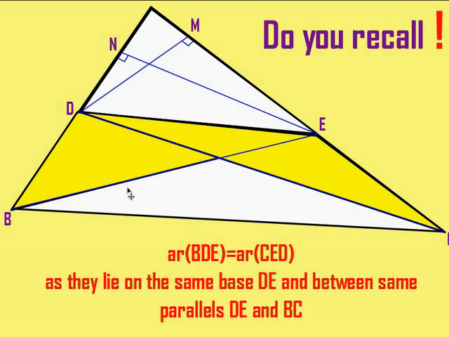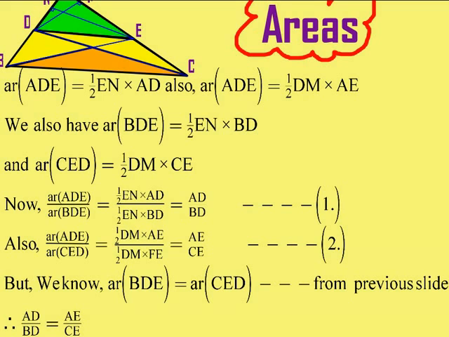With this concept, we move ahead and see that in triangle ADE, since we have drawn the perpendicular EN and also perpendicular DM, we can find the area of ADE as half EN, that is the altitude, into base, which is AD. So the area of ADE is half EN into AD.